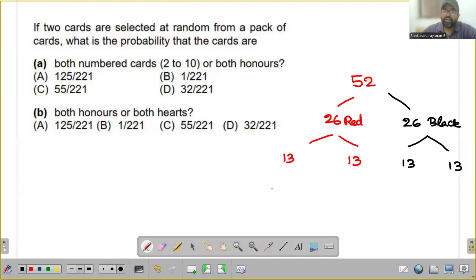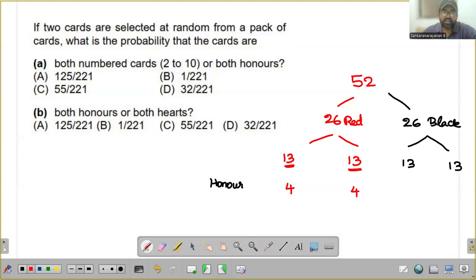Got it. Now the honor cards. As far as the 13 hearts are concerned, for example, ace, king, queen, jack, there are 4 honor cards. Diamond, in the same way, 4 honor cards.